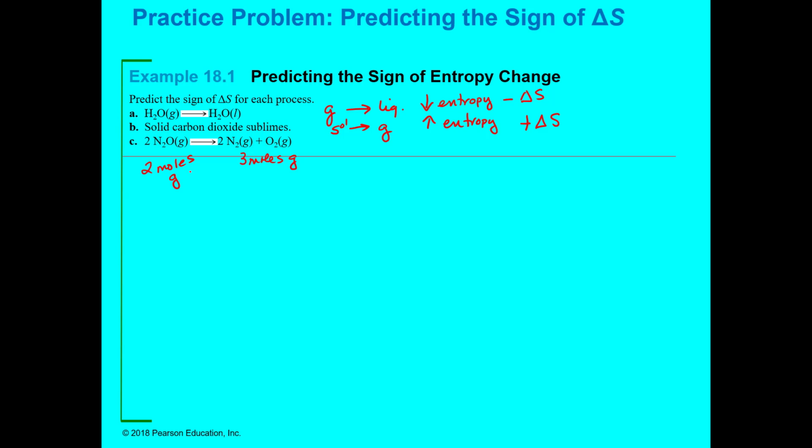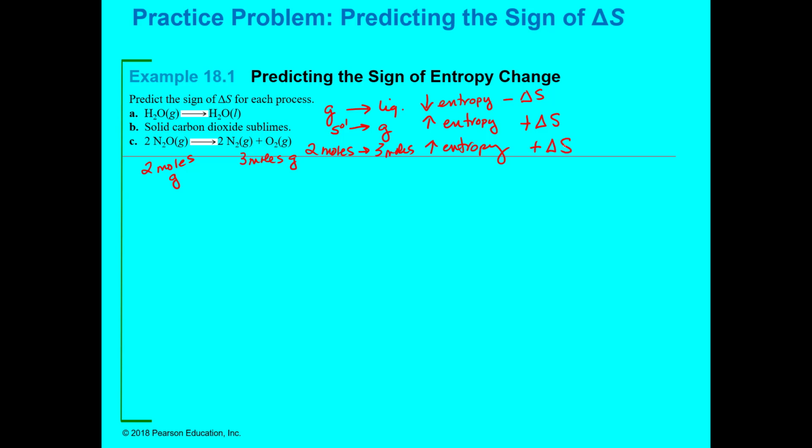So whenever you have more of a component on one side than you do on the other, that's going to increase the entropy. So 2 moles going to 3 moles of gas. And so that would be a positive delta S.